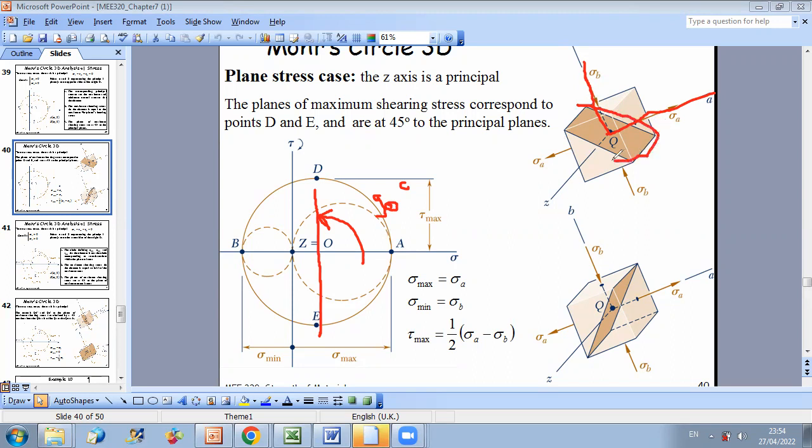So by doing just a rotation here of plus 45 degrees, I can obtain my plane of interest corresponding to maximum shear stress. Now, in this case, I have that sigma maximum is equal to sigma A, sigma minimum is equal to sigma B, and the maximum shear stress is the radius of the circle. So it's half of sigma A minus sigma B.